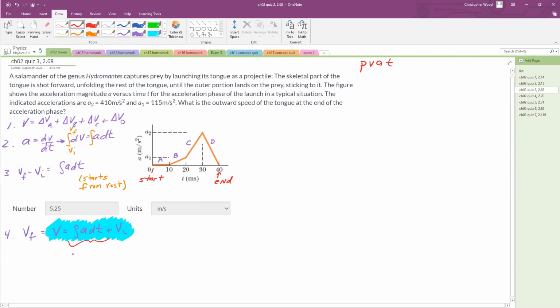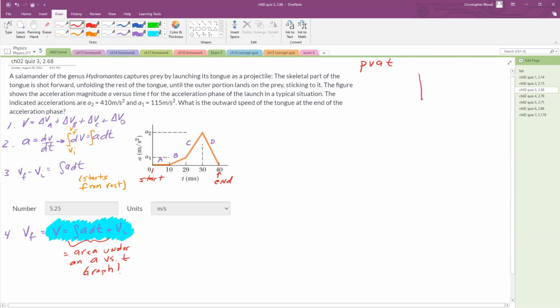I know this equals the area under an acceleration versus time graph. You should know this from your calculus class. This is pretty fundamental. In fact, this is technically referred to as the fundamental theorem of calculus, part B. You guys should have seen stuff like this before.